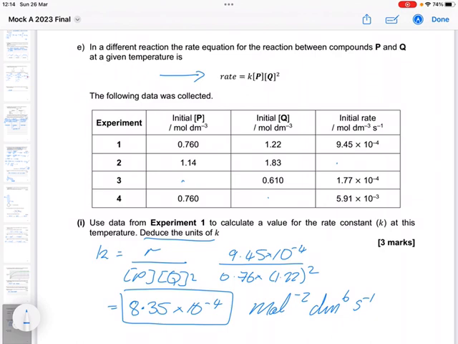What you'll get for experiment 2, plugging k into that with P and Q here, is 3.19 times 10^-3. Then rearranging it to get P on its own and plugging the values in would give you 0.569 here. And then rearranging it to get Q on its own, not forgetting to do the square root, would give you 3.05.